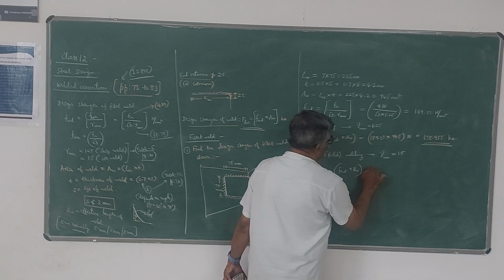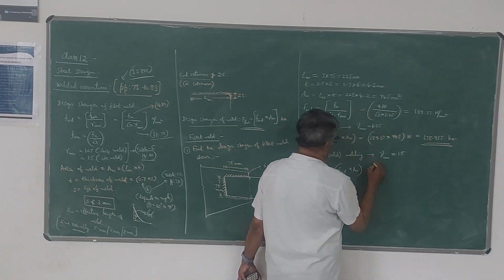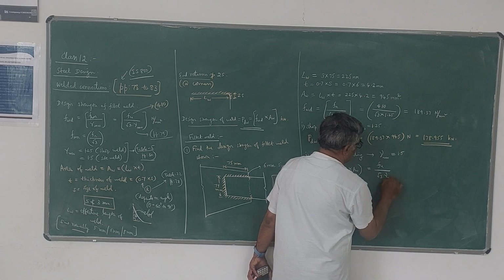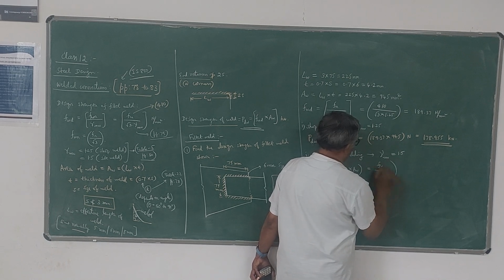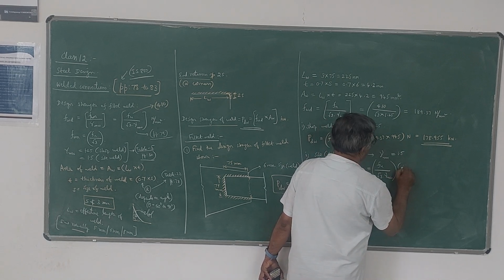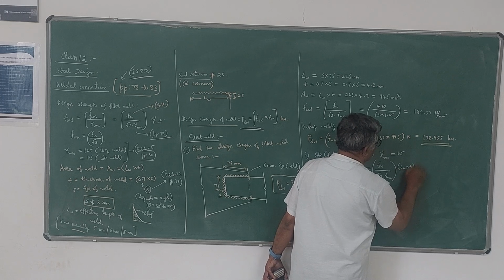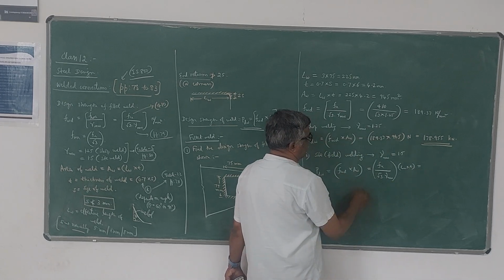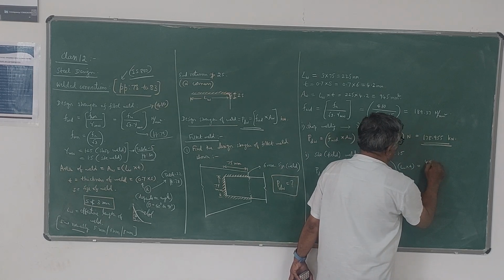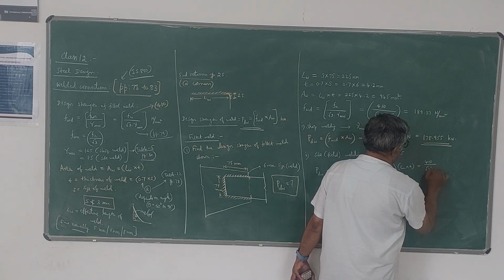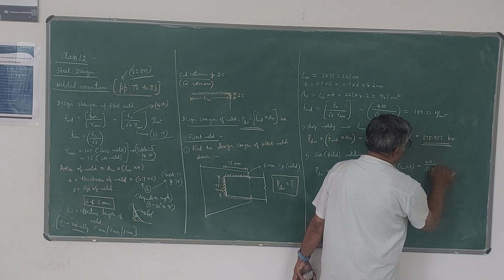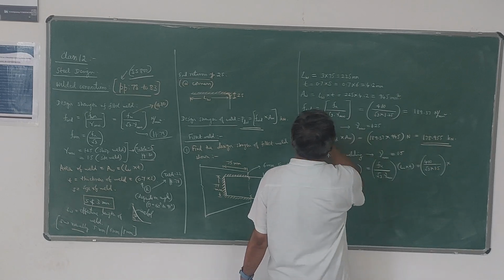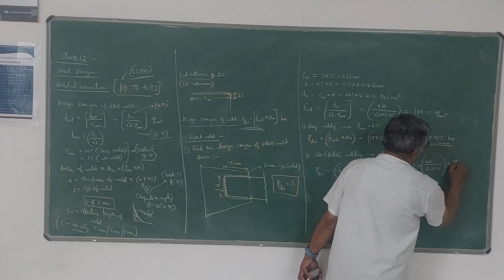Here FWD is nothing but Fu by root 3 into gamma MW, into AW which is LW into T. AW remains the same, only gamma MW is 1.5. So 410 divided by root 3 into 1.5 instead of 1.25, into AW, which remains the same, 945.